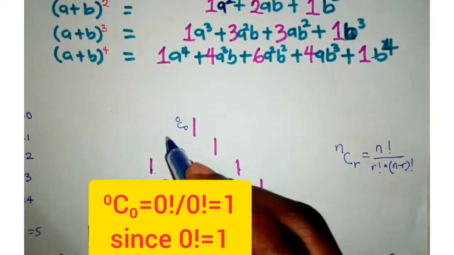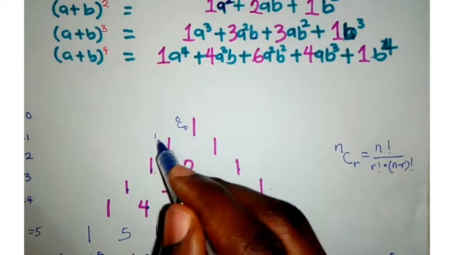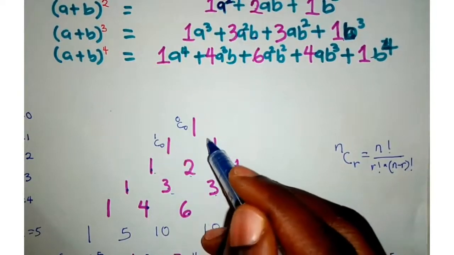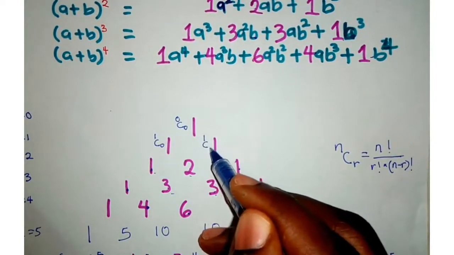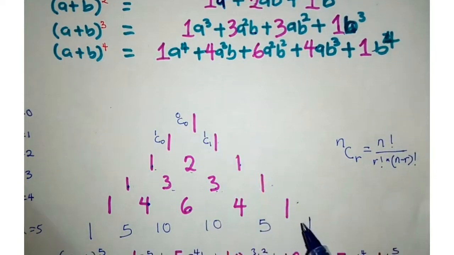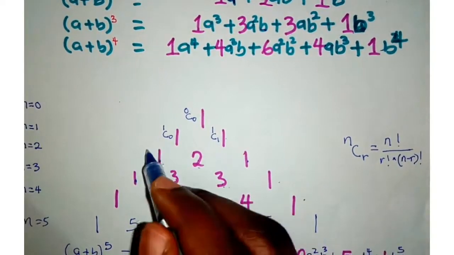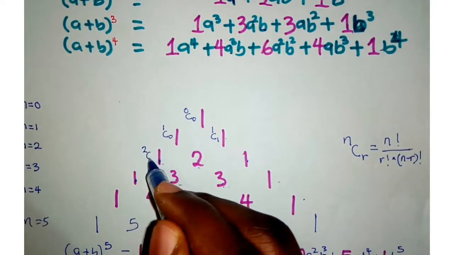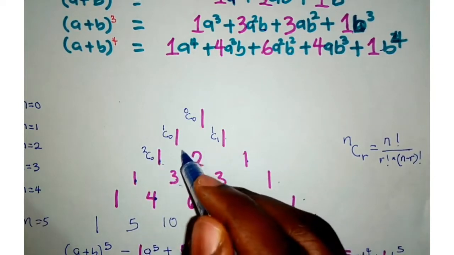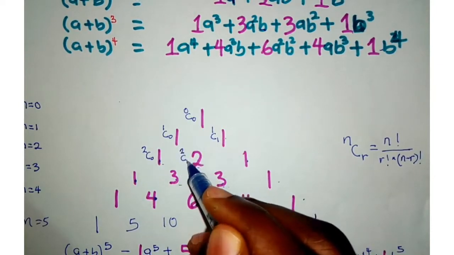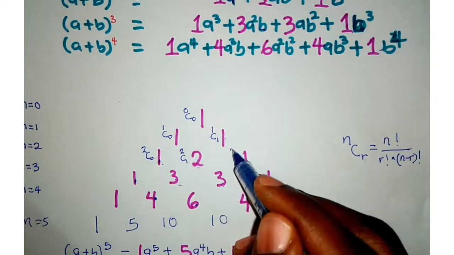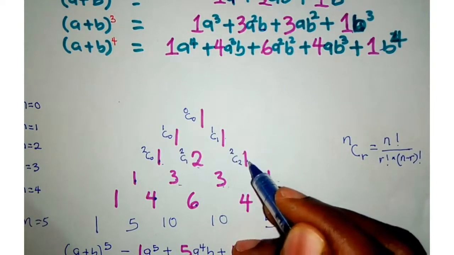And then for n equals 1, we have 1 combination 0 gives us 1, and 1 combination 1 also gives us 1. For n equals 2, 2 combination 0 gives us 1, 2 combination 1 gives us 2, and 2 combination 2 gives us 1.